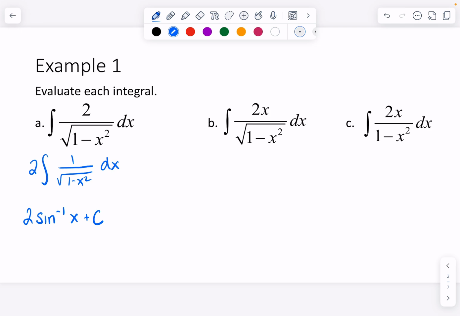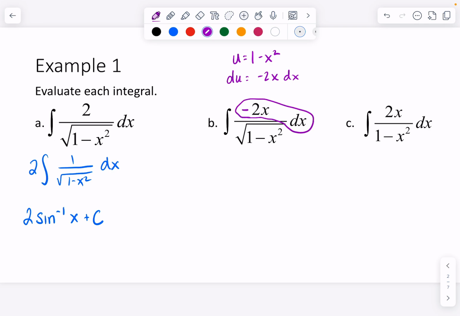Now, the second one. So the bottom kind of looks like an inverse sine, but you have that 2x on the top. So let's try maybe a u substitution. If I make u equal to 1 minus x squared, du is equal to negative 2x dx. Well, I have most of that here.